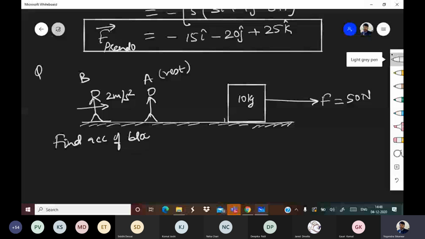Number 1 with respect to A. Number 2 with respect to B. Okay. Easy question, but it will make you understand that how pseudo force works.